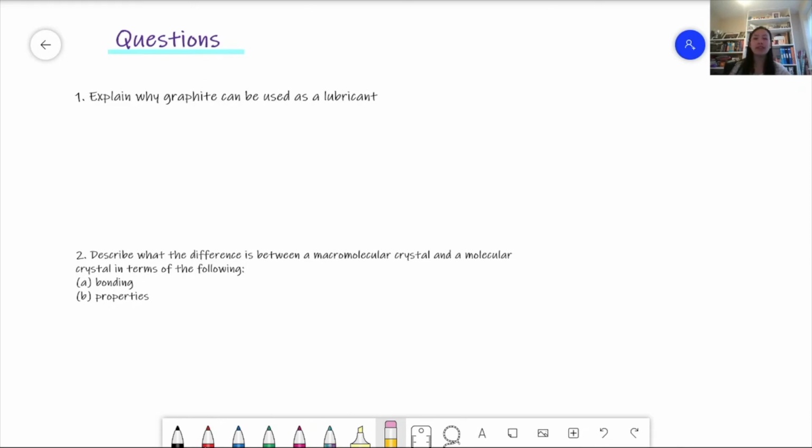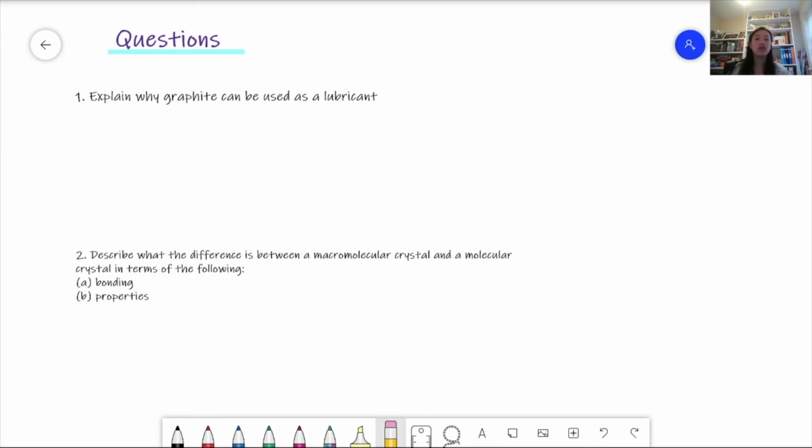So now we're going to move on to some questions. The first one is to explain why graphite can be used as a lubricant, and this is because even though all of the carbon atoms are covalently bonded together, so they have very, very strong covalent bonds between the carbon atoms, there are weak intermolecular forces between the layers of the hexagonal 2D sheets of carbon, kind of hexagonal rings.